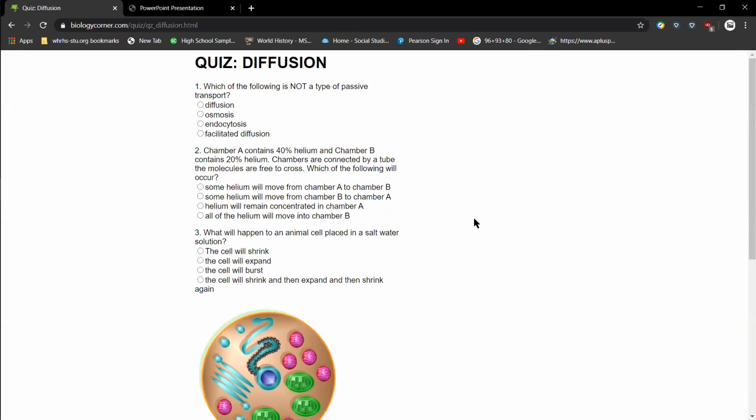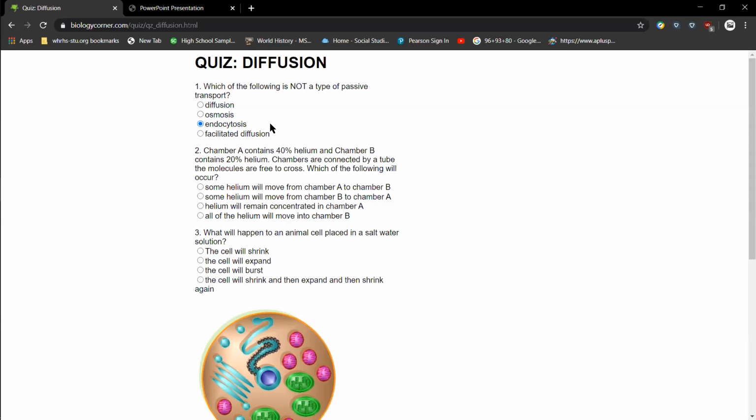The answer here was endocytosis. Remember we said that diffusion and osmosis require no energy and no proteins. Facilitated diffusion does not require energy but uses proteins.